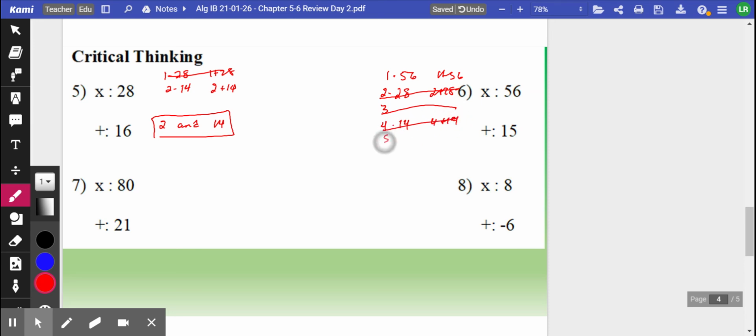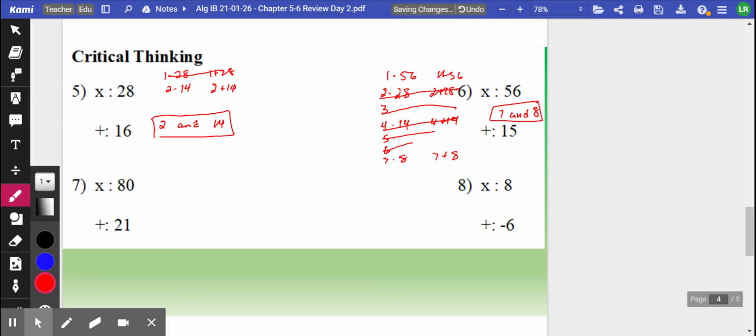So that's not it. Can't divide it by 5. Can't divide it by 6. Dividing by 7 is 7 and 8. And haha, took us a little while, but we found it. The numbers are 7 and 8.